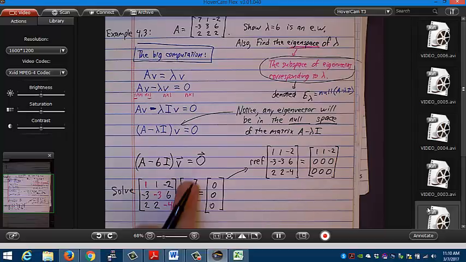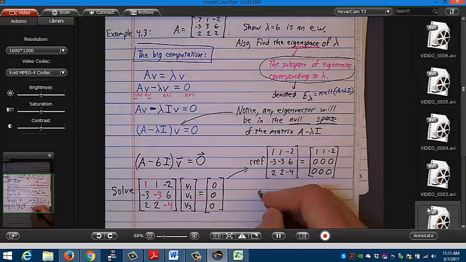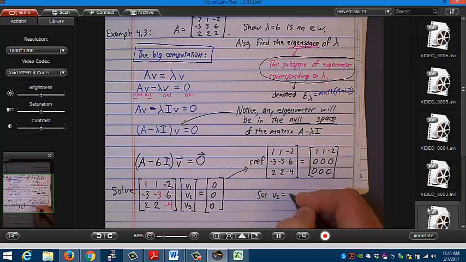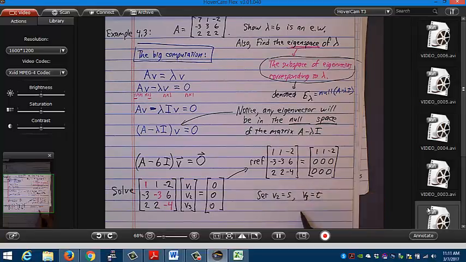So what does this tell me about V1, V2, and V3? Maybe another way to ask it. How many free variables do we have in this problem? 2. We have 2 free variables. So what you might do in this problem is you might set V2 equal to S, V3 equal to T, and then what that top equation says is V1 plus S minus 2T equals 0.